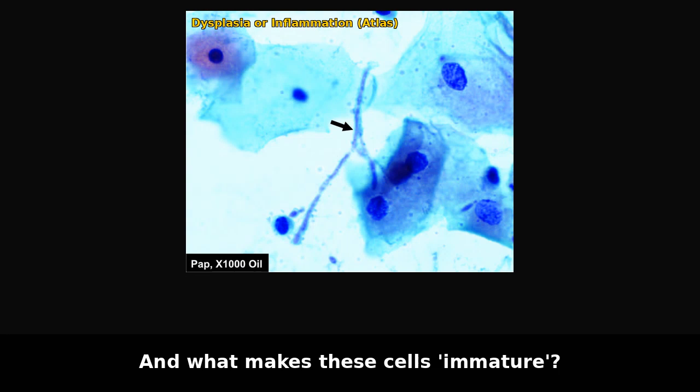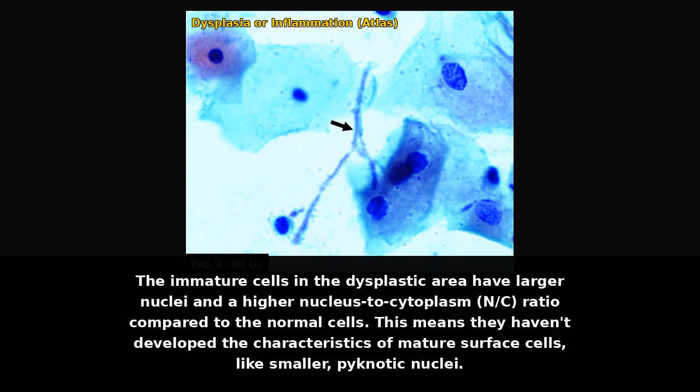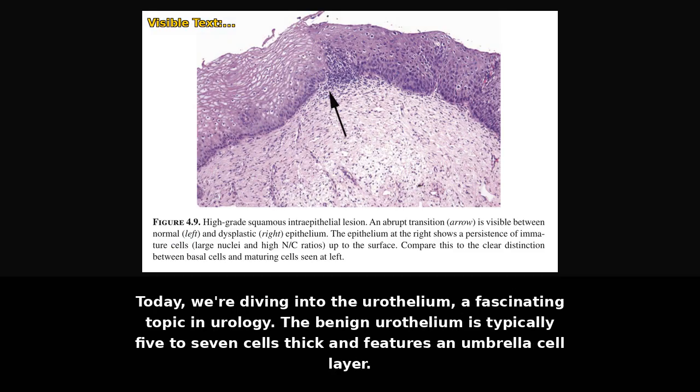And what makes these cells immature? The immature cells in the dysplastic area have larger nuclei and a higher nucleus to cytoplasm ratio compared to the normal cells. This means they haven't developed the characteristics of mature surface cells, like smaller pyknotic nuclei.